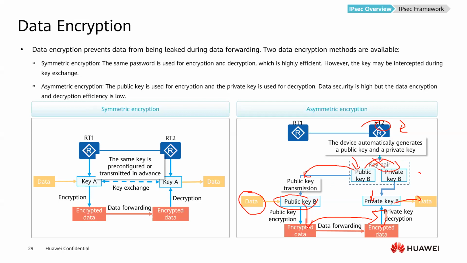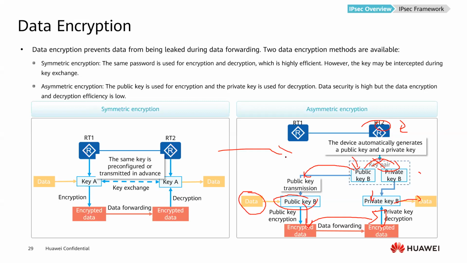It's called a big number problem. That means you have some special numbers that if you multiply them, it will be okay, but you cannot divide them again. Anyway, it's math.